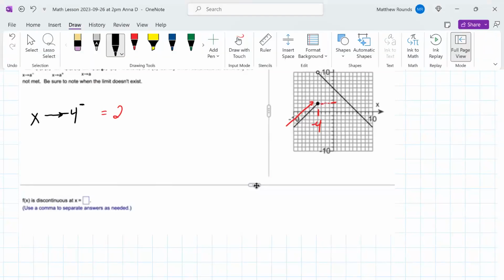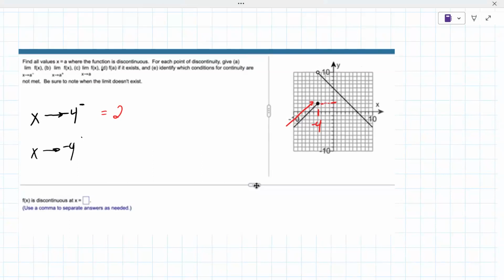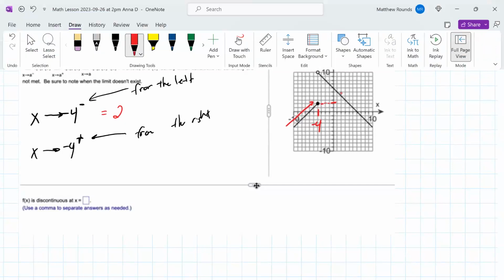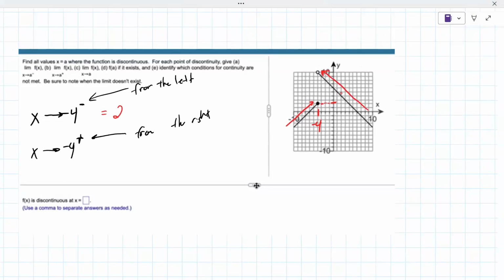Then you're going to go to -4 from the right. This plus sign means from the right. So let me mark that down. That means from the left. From the right. And so from the right, you're coming this way. What y value does that approach up there? 10.